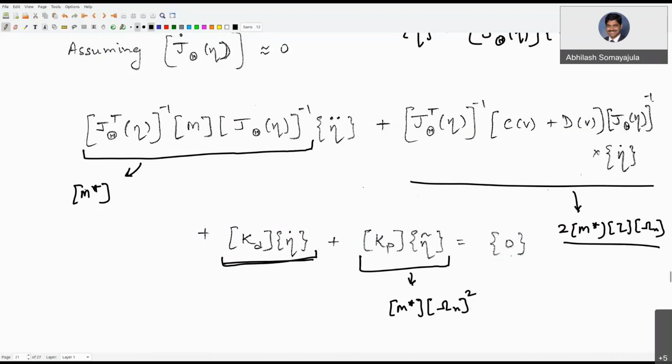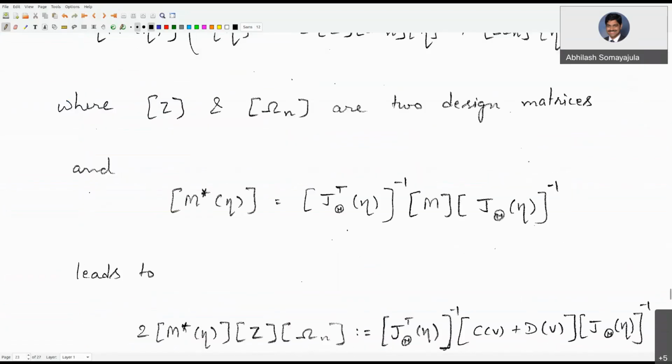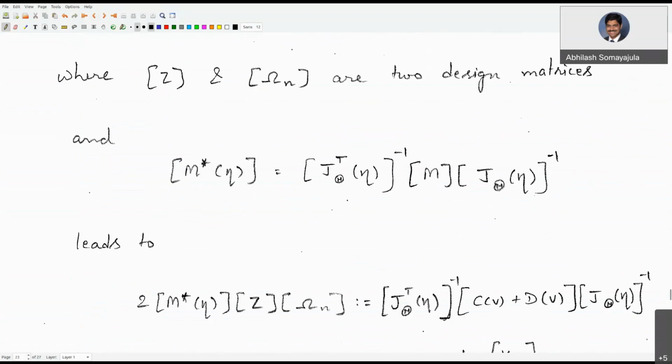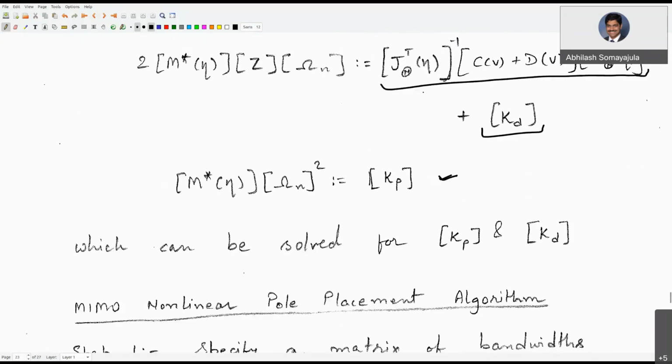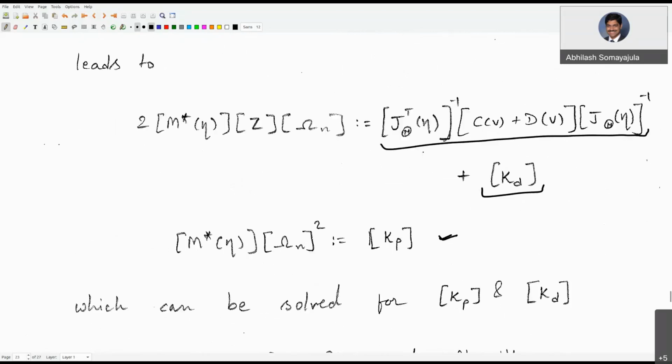So that is what we are making the comparison. So eventually we should see that our M star is our so-called notional mass matrix, 2 times M star times Z times omega n becomes this damping term which we saw before plus Kd, and then this simply becomes the stiffness term. Which can now be used basically to solve for the gains Kp and Kd.